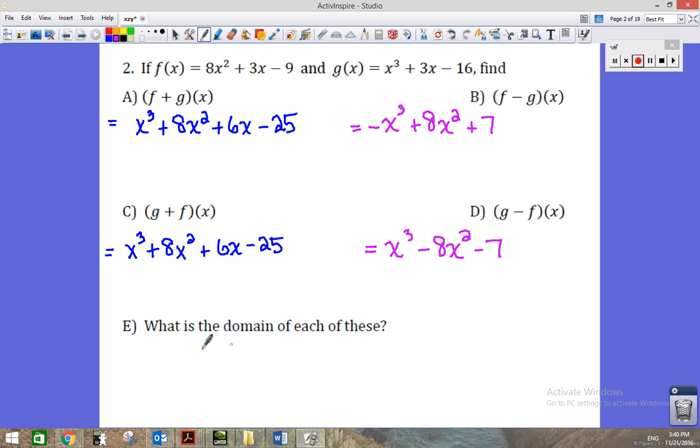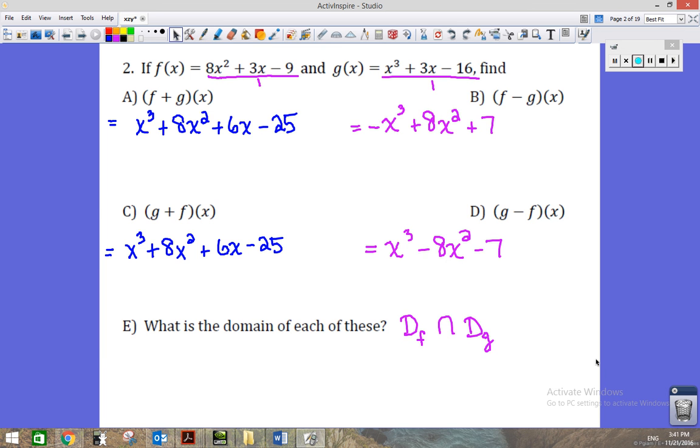So we can always intersect the two domains. We want to find the domain of f and intersect it with the domain of g. Well, the domain of f and the domain of g are extremely easy to find because we don't have any variables in a denominator in either one of them, and neither one of them has any square roots. So the domain is all real numbers.